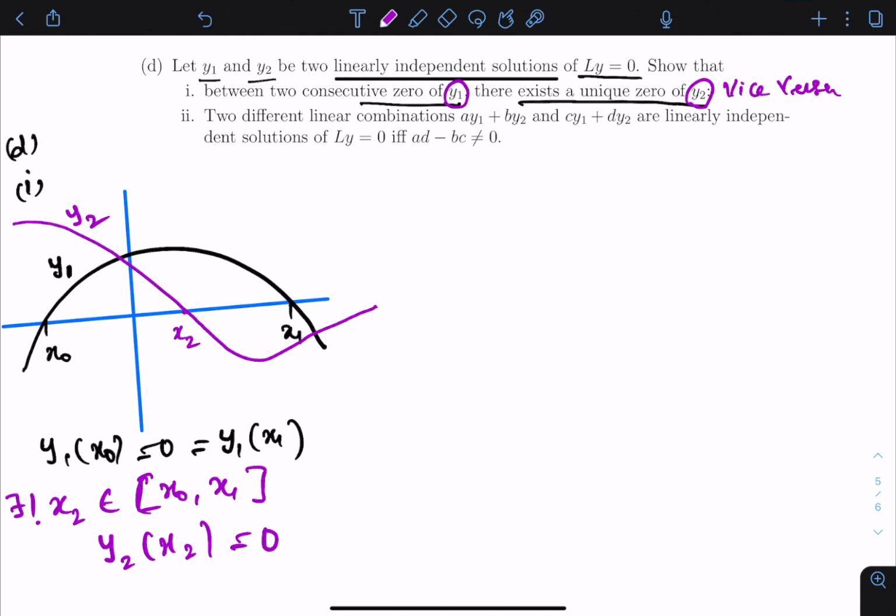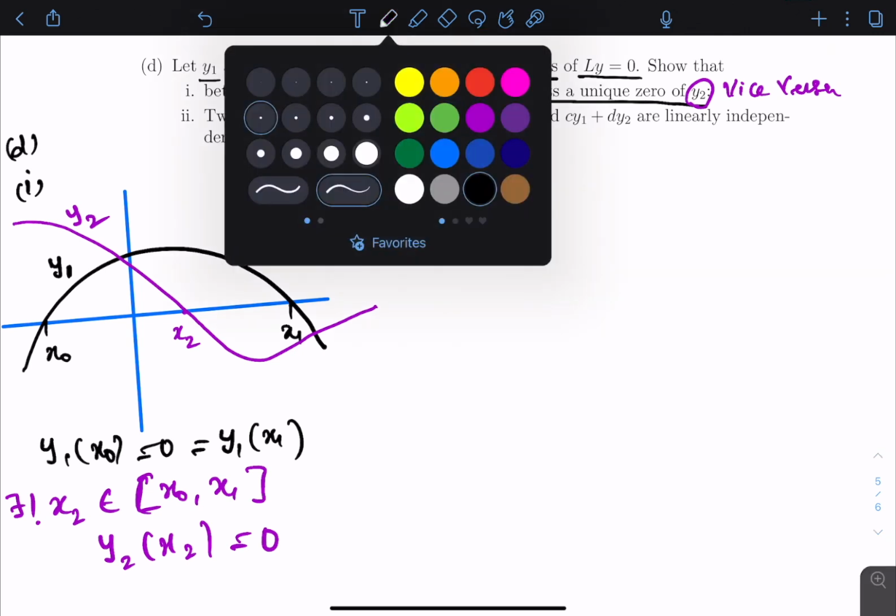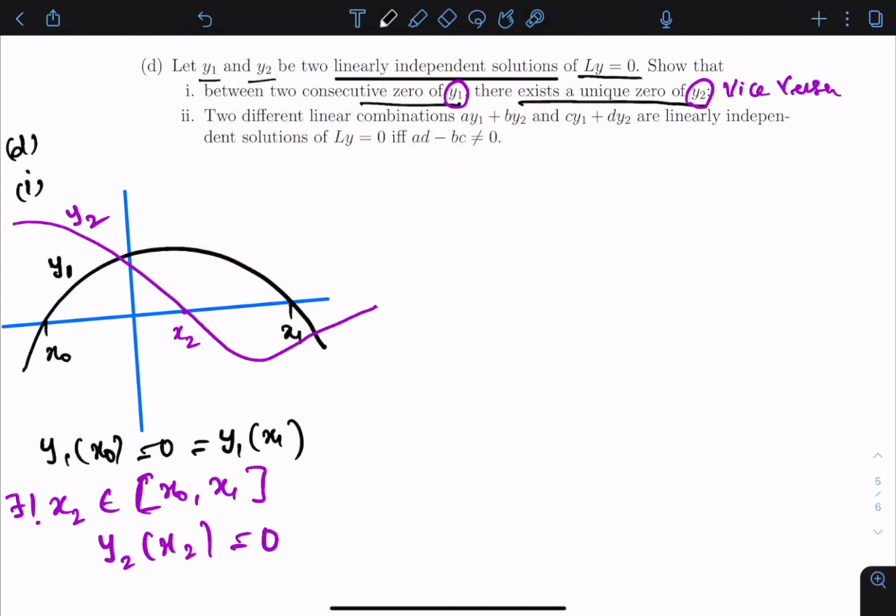Okay, now how do we prove this? As we said, x0 and x1 are the zeros of y1, right? I want to show there is a zero of y2 in between.